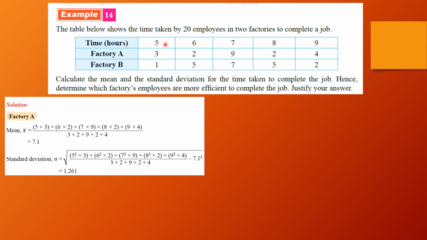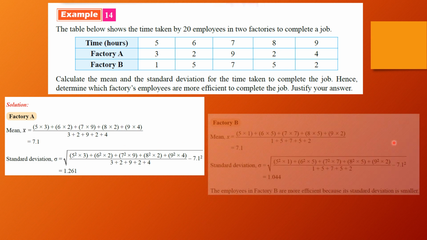We square the hours: 5 squared times 3 plus 6 squared times 2 plus 7 squared times 9 plus 8 squared times 2 plus 9 squared times 4, divided by total employees, that is 20, minus mean squared. So the standard deviation for factory A is 1.261.